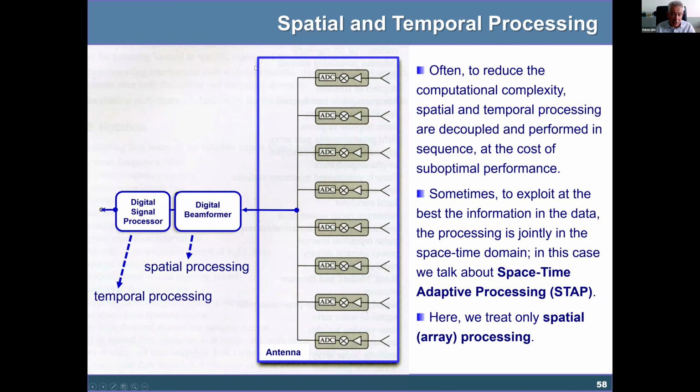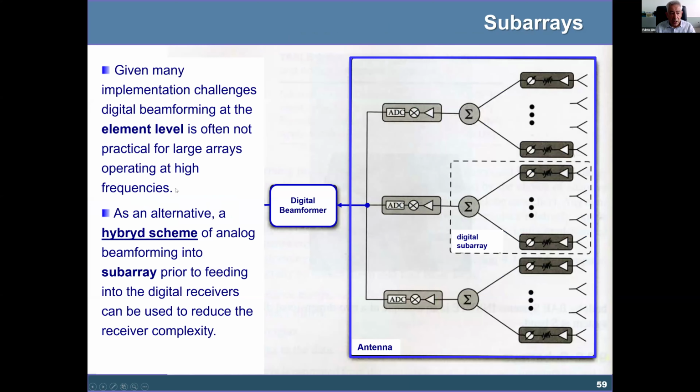Sometimes to reduce the cost, if the number of elements of the array is very large, we don't digitize the signal at the output of each element, but first we combine in an analog manner a subset of them. So basically we build subarrays. So we combine in an analog manner the elements of that subarray, and then we sample only the output of each subarray.